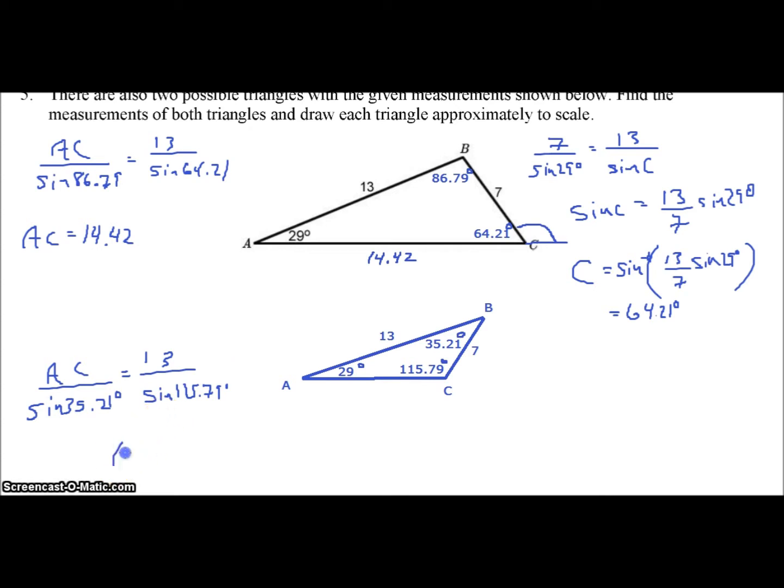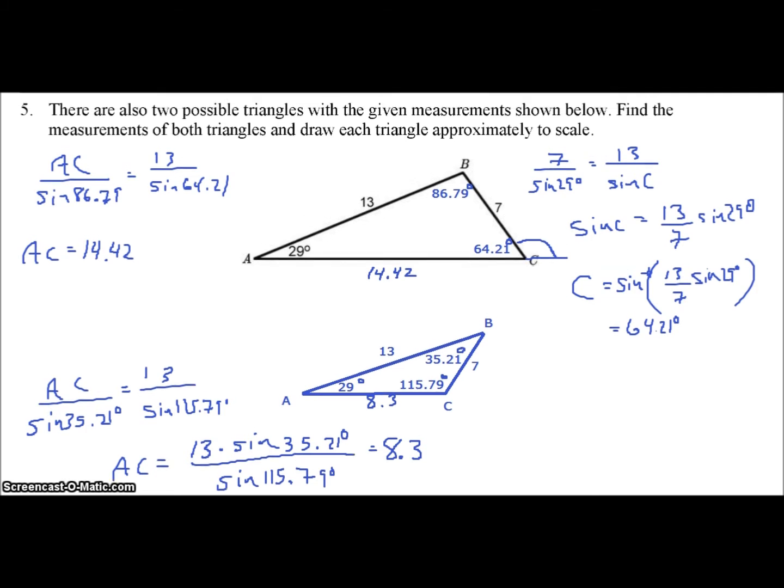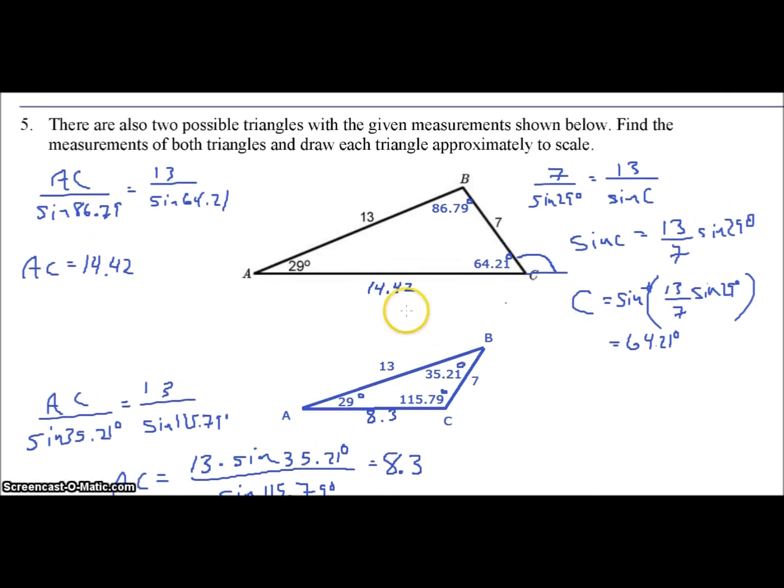But we get AC is 13 times sine of 35.21 over sine of 115.79. So now we've found all the possible measurements for the two possible triangles when we're given one side length 13, another side length 7, and an angle of 29.